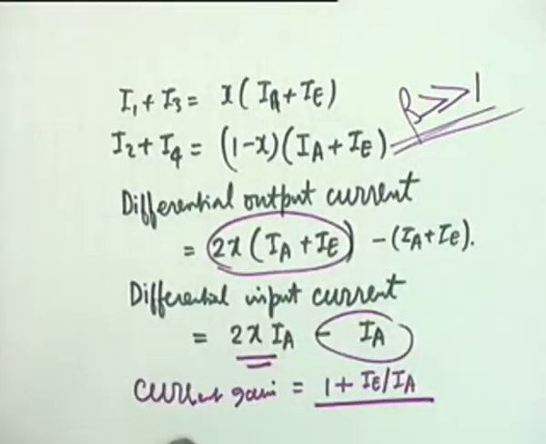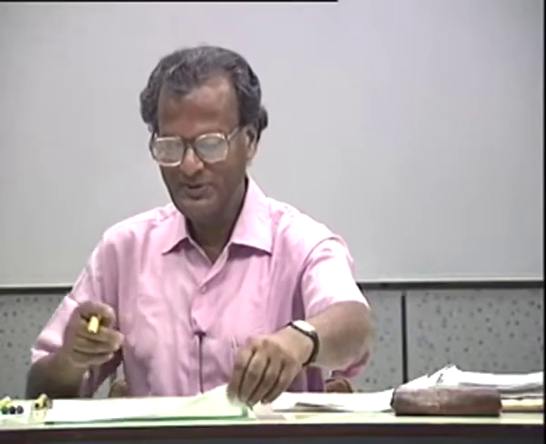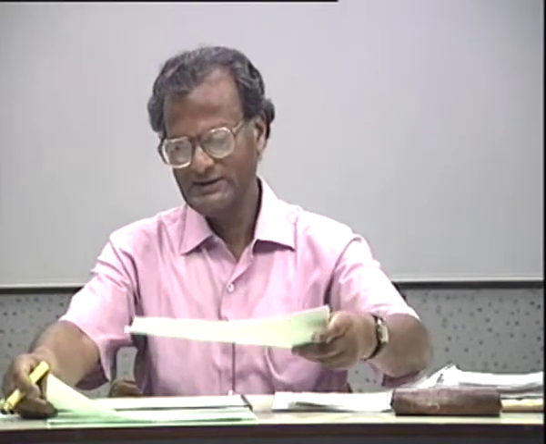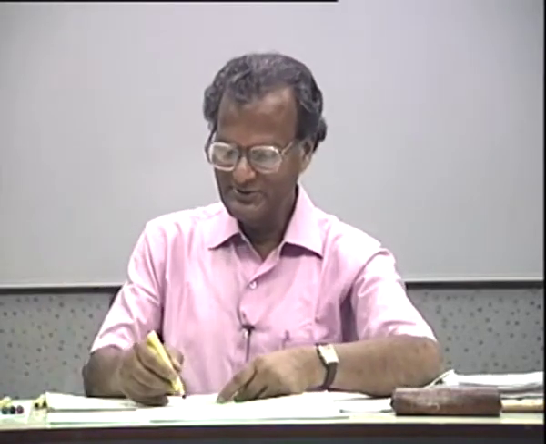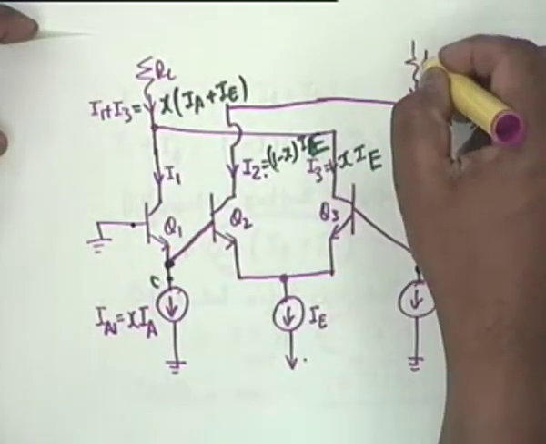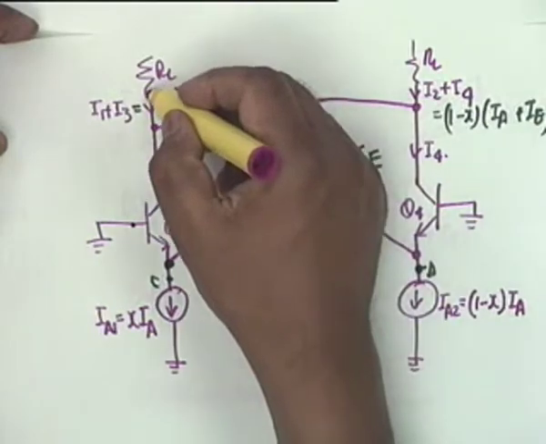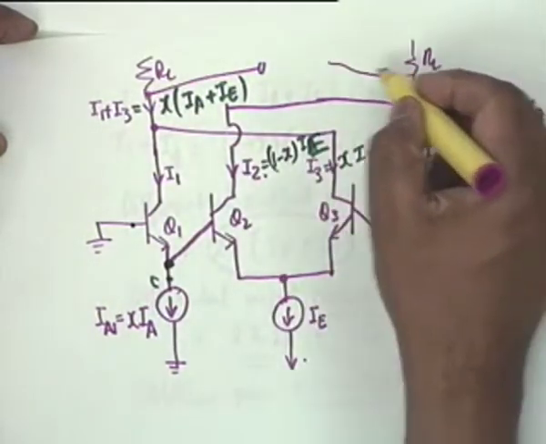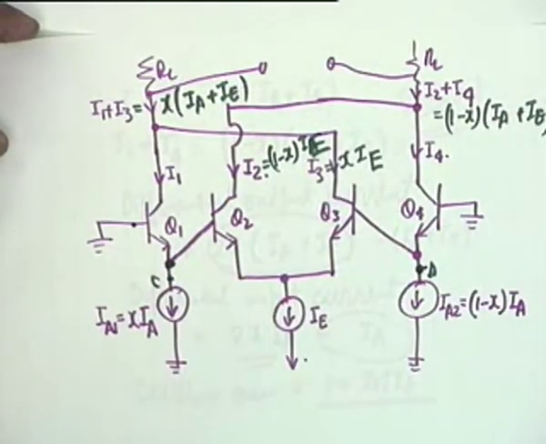The question that remains is how to convert this current into a voltage. That's very simple. You go back to the original circuit, and all you do is include a resistance RL here, and you take the difference between the two voltages. All right.